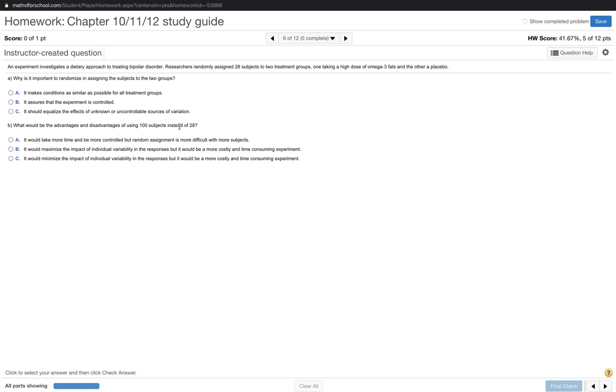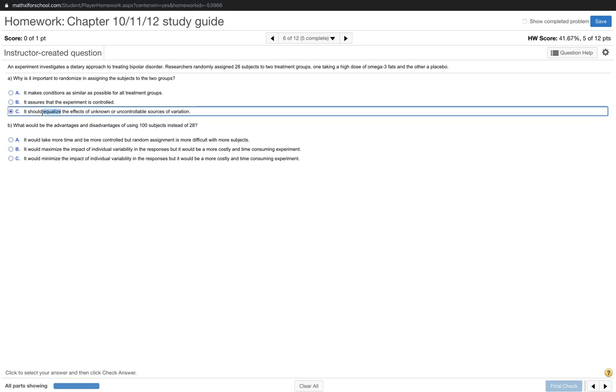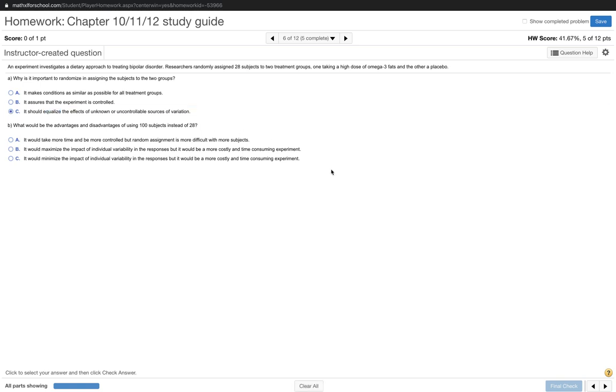Whereas if you randomly assign, you can't 100% get rid of bias, but it could alleviate, or I think in this case they say equalize, those unknown factors, what they call uncontrollable sources of variation.